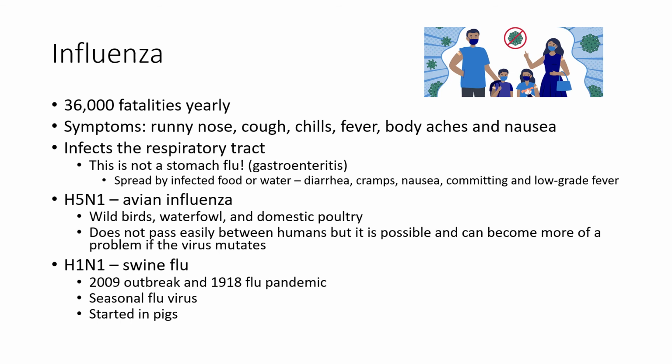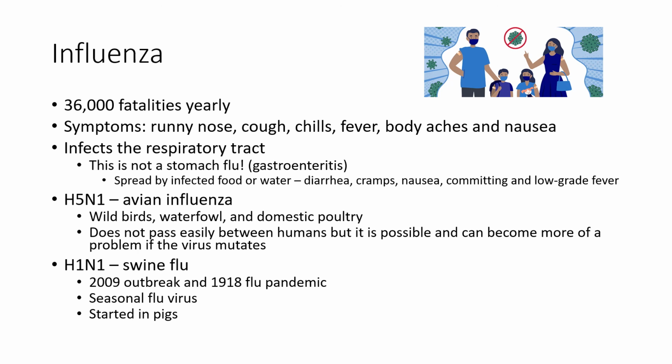There are two types of influenza that I want you to know: H5N1, which is known as avian influenza, and H1N1, which is swine flu. Potentially you've heard of both of these. They were both quite deadly when they were novel viruses. They are still deadly, don't get me wrong, but we do have vaccines for both of them now.